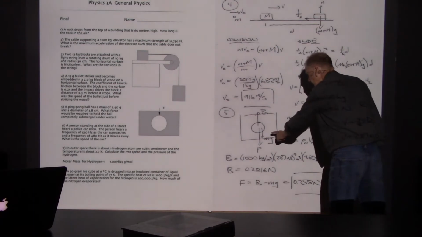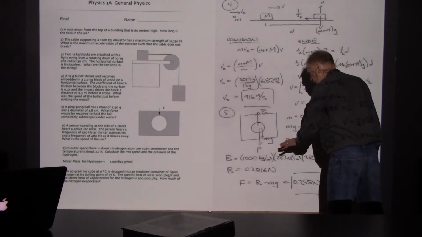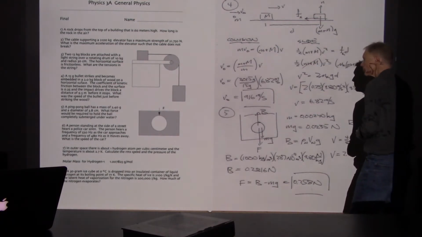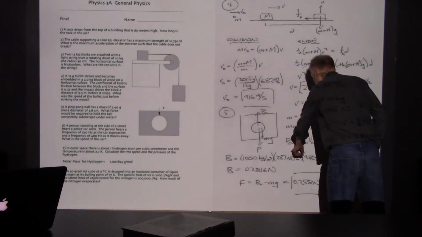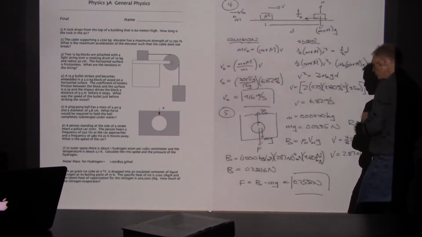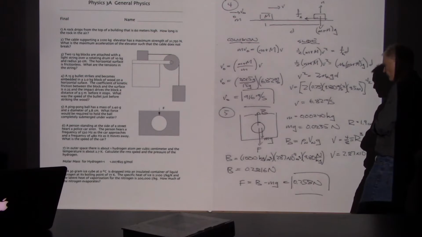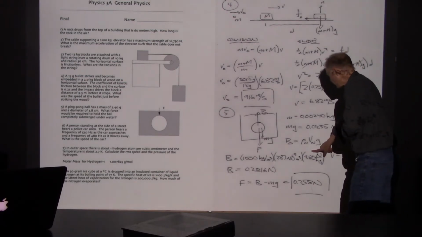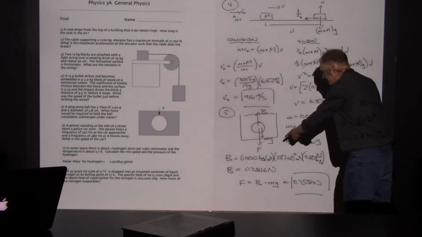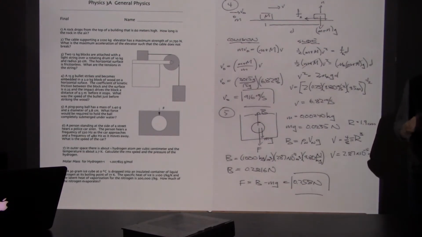I put in the density of water, 1,000 kilograms per cubic meter, the volume of the displaced water, 2.87 times 10 to the minus 5, and the gravitational field of Earth. That says the ping pong ball, once it's completely submerged, provides, well, it doesn't look like much, 0.2816 newtons. It's just a fraction of a newton.